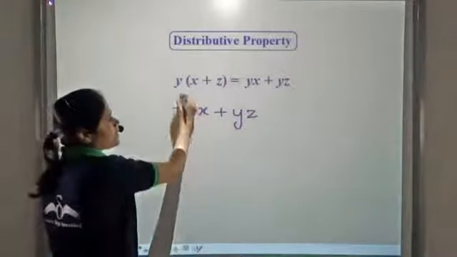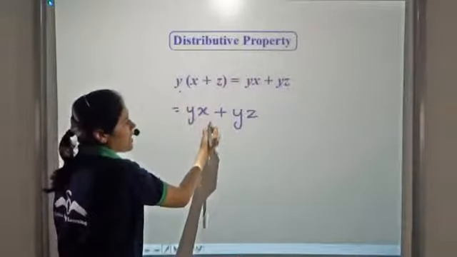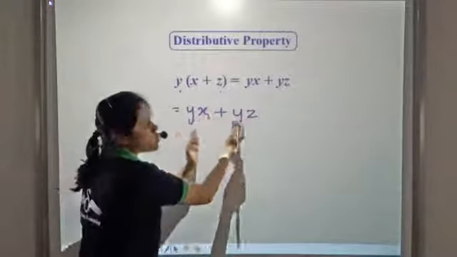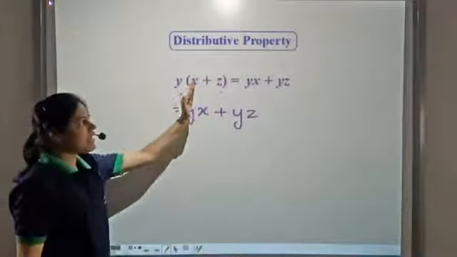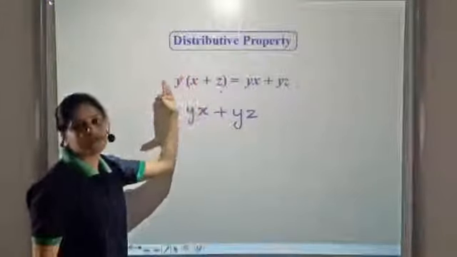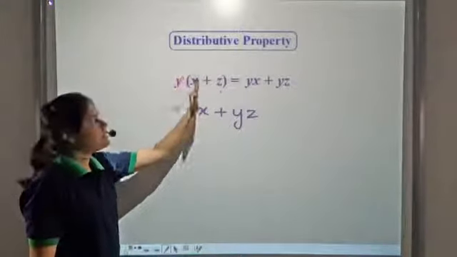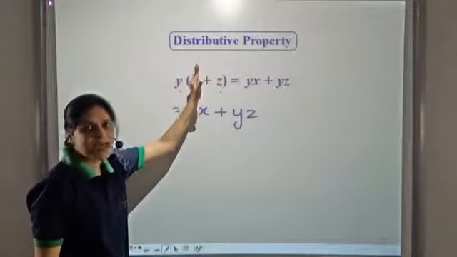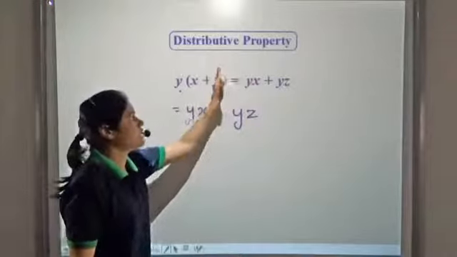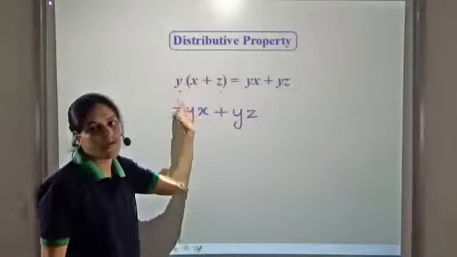So y is multiplied with x and y is multiplied with z, and then these two are added. In a way, y distributes itself over the entire expression, over x and over z. So this is the distributive property.